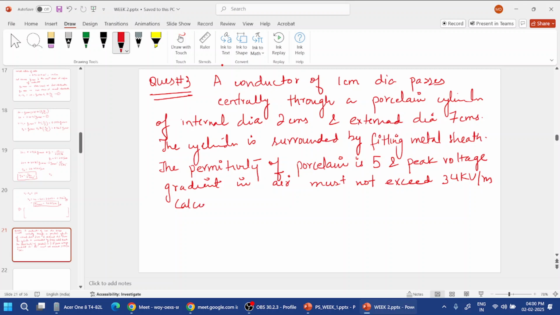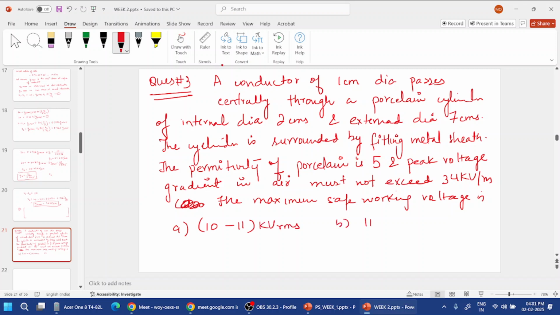Calculate the maximum safe working voltage. A, 10 to 11 kV RMS.